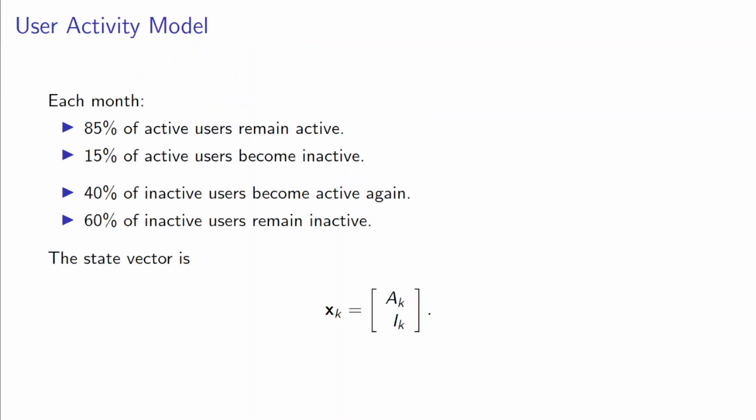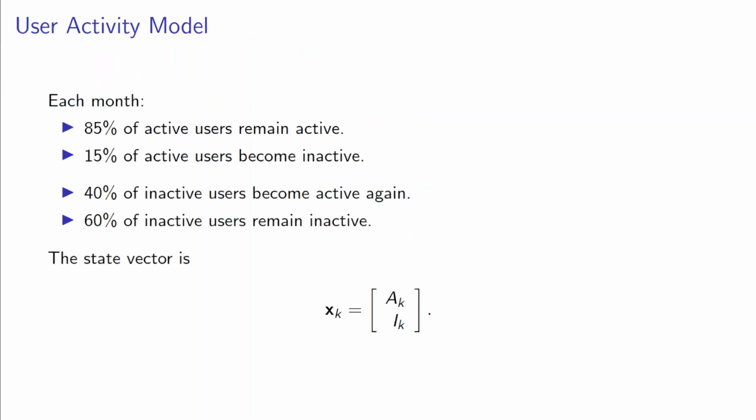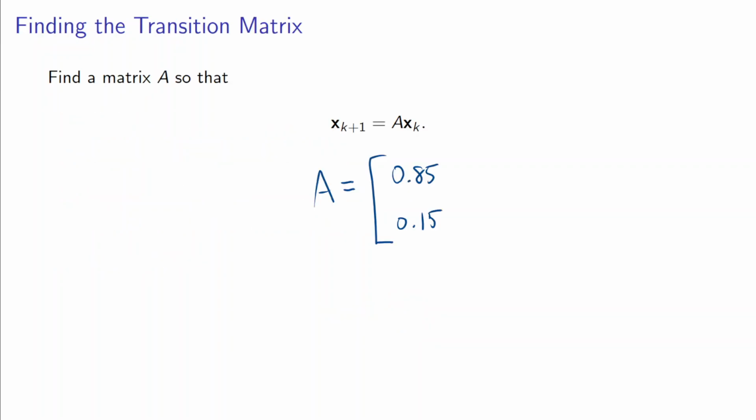But in the last video, this led to a matrix similar to what we're going to see here, where we'd have the first column being those percentages written as decimals for what would happen to our active users, and then the second column being the percentages for our inactive users.